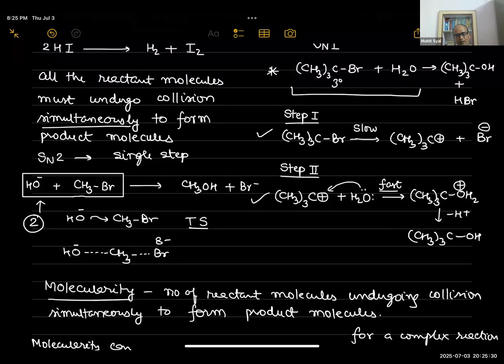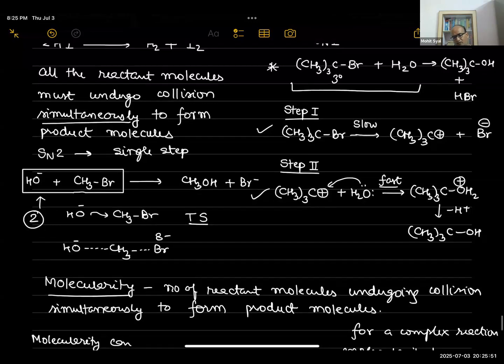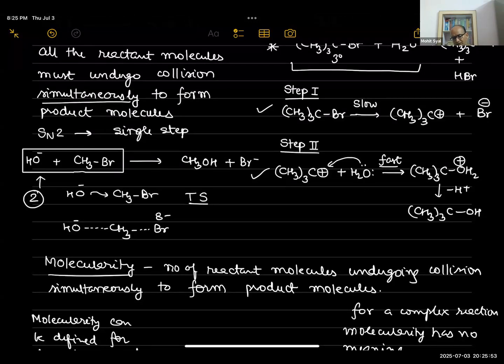Suppose step 1 has a molecularity of 1 and step 2 has a molecularity of 2. So I think you are able to understand this.